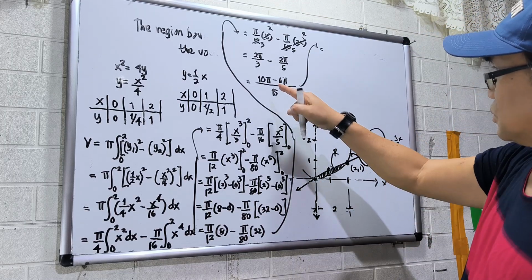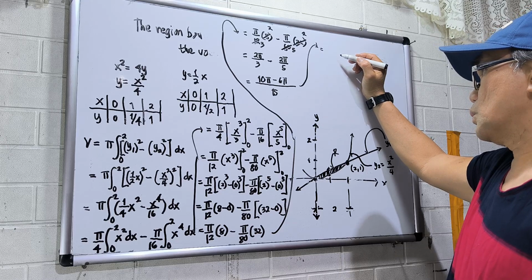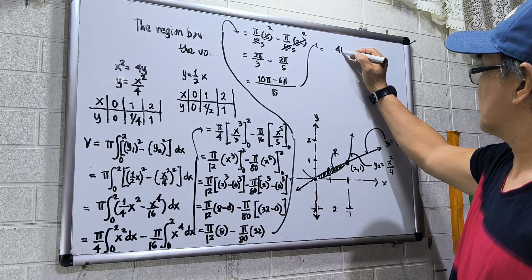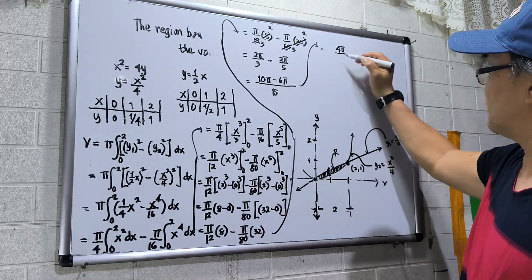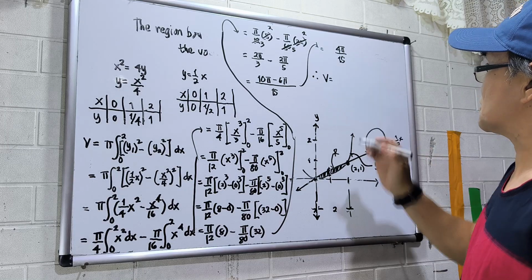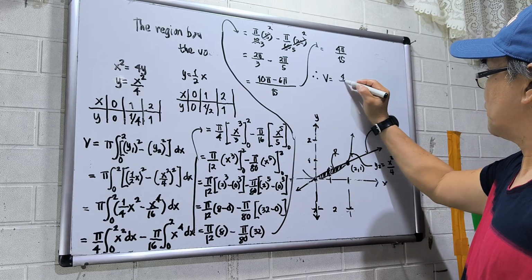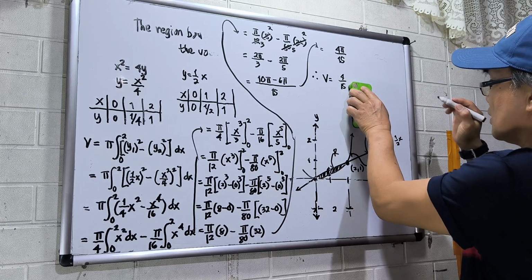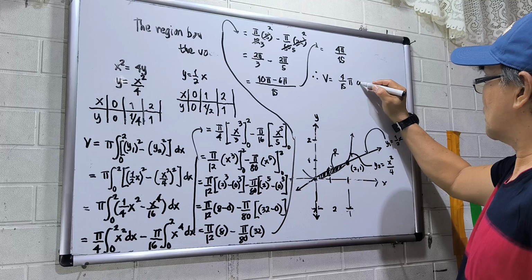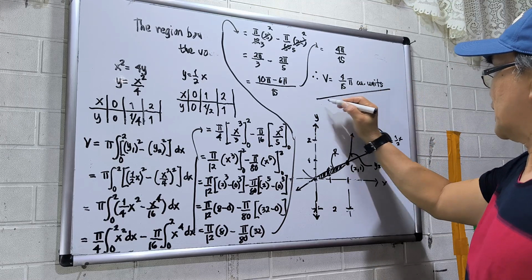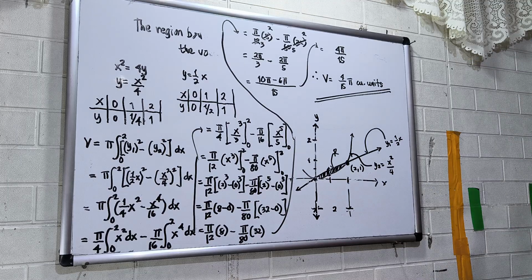So this will be equal to 10 pi minus 6 pi, that will be 4 pi over 15. So my final answer will be volume is equal to 4 over 15 pi. So the unit will be cubic units because there is no units, right? So my final answer will be 4 over 15 pi cubic units.